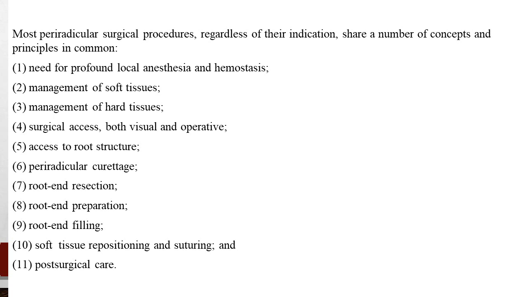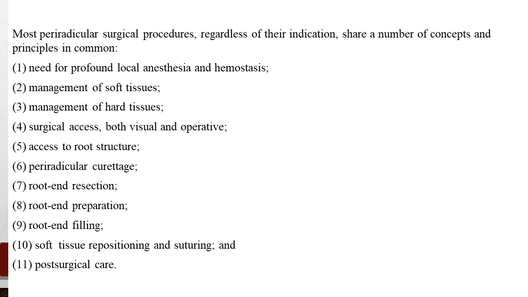You have to have access to the root structure. You have to do periradicular curettage to remove the granulation tissue on and around the root surface. Then you will be dealing with root end resection. Like I said, you will have to cut at least 3 mm or more than 3 mm of the root end. You have to prepare the root end to receive a restorative material.